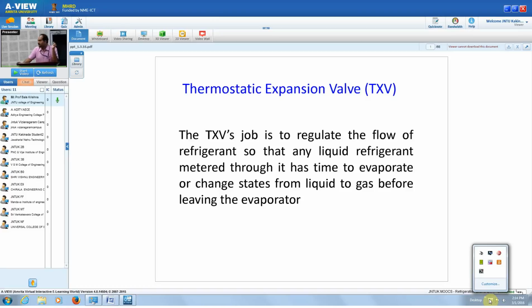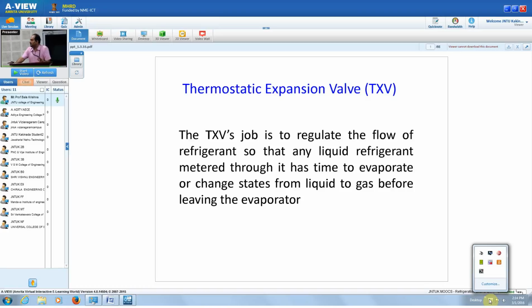That is the function of the expansion valve. That's why its job is to regulate the flow. It is simply called the flow regulator, or sometimes a solenoidal valve, which is a valve to control the flow.